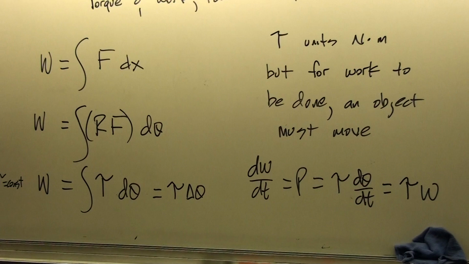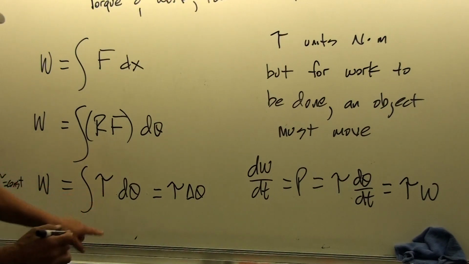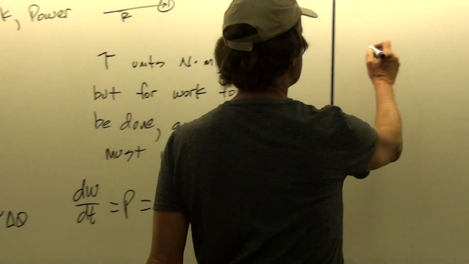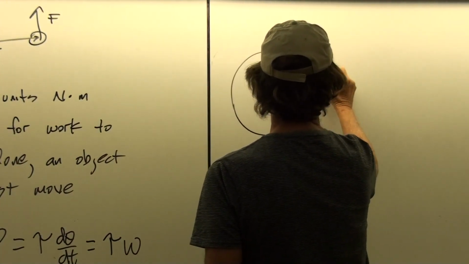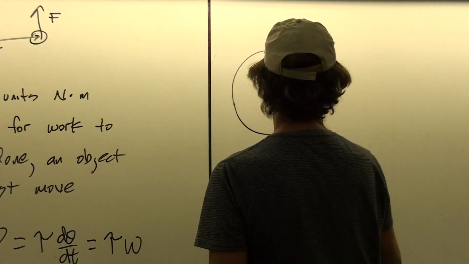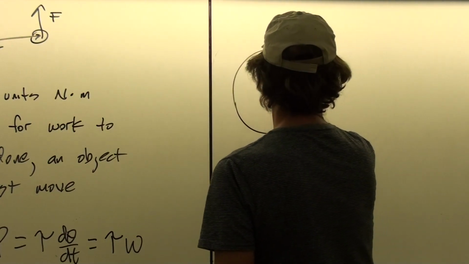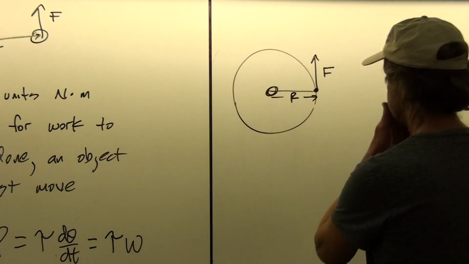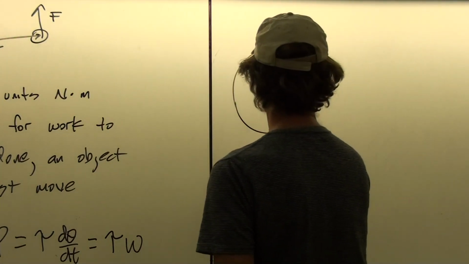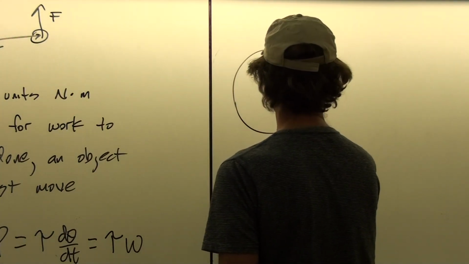Okay, so let's look at an example here where we apply a torque by means of a force that acts on a disk, and we allow the disk to rotate about its center. Then we're applying a torque that's a constant.